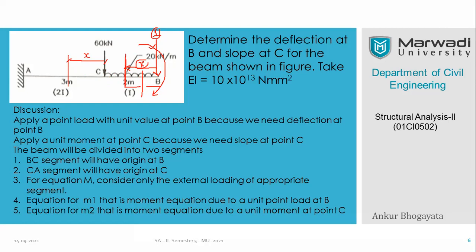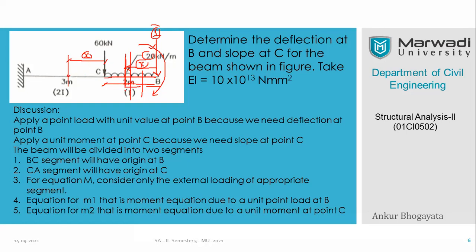And now our unit load, this UDL is here because we are dealing with the capital M equation. So 20 into this total length, 20 into 2 gives you 40, and half of this 2 meters is 1, and then additionally x you have to add to reach here.